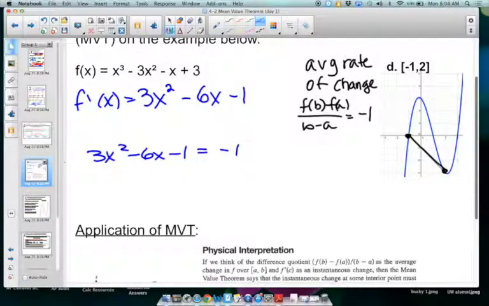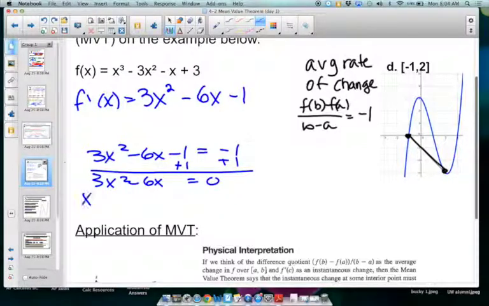Yeah, let's get one side equal to 0. And that's how we can do that. Add 1 to each side. Okay, so we've got 3x squared minus 6x. Oh, that's nice and convenient. And then Tim says factor out an x. Oh, we could have. I'll go with just an x.